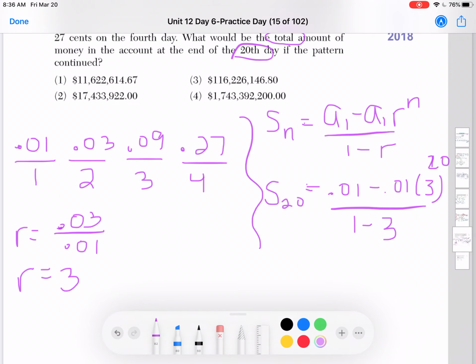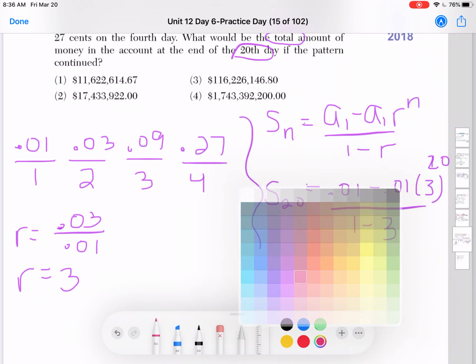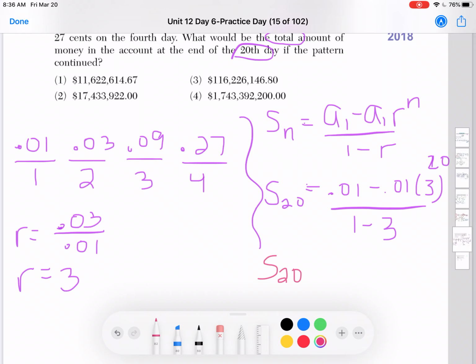Throw that in carefully. And there we go, choice 2.